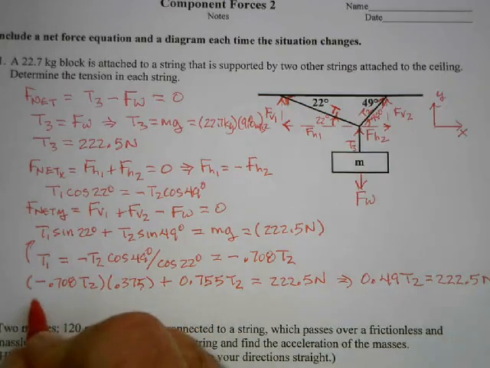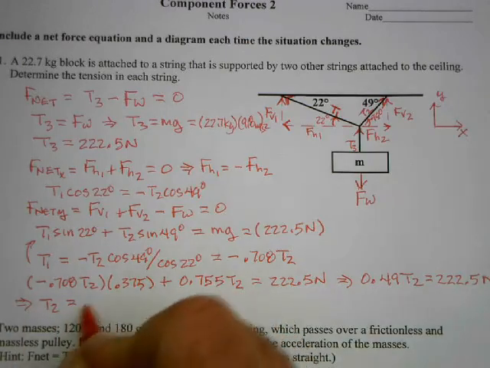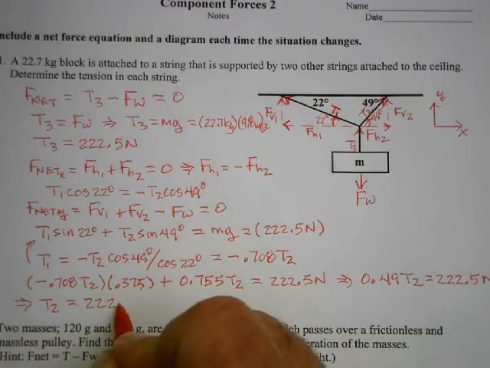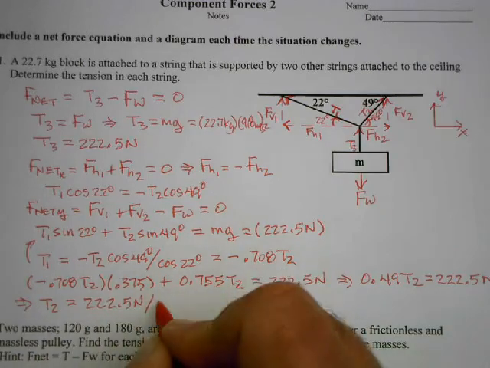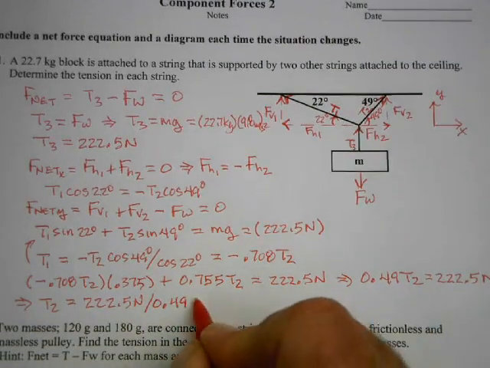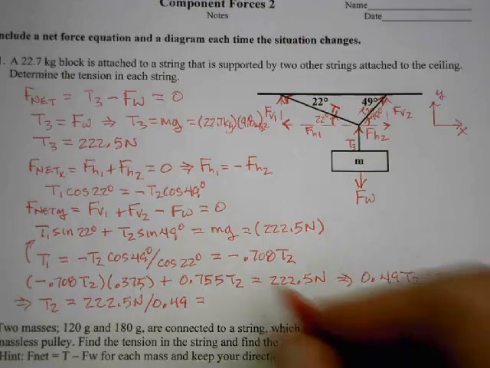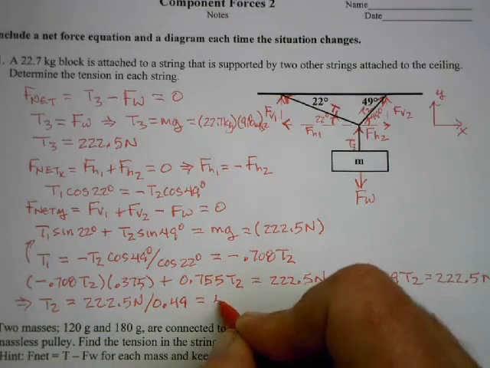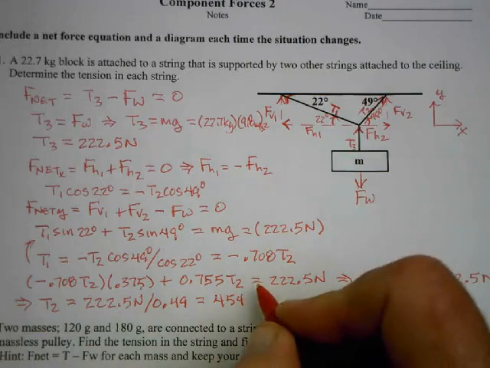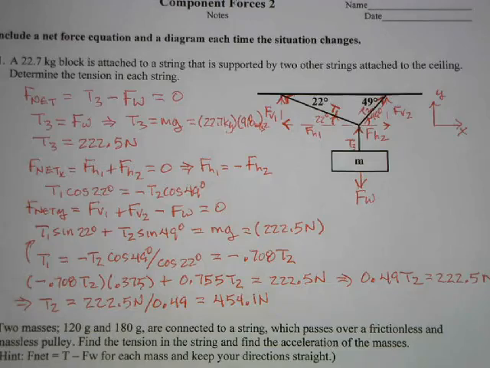So that'll lead to T2 equaling 222.5 newtons divided by 0.49. And so T2 is going to be 454.1, about 454 newtons.